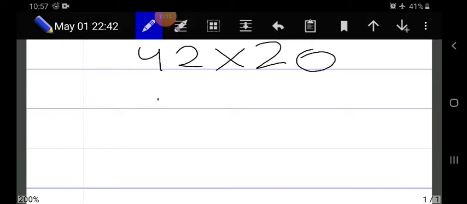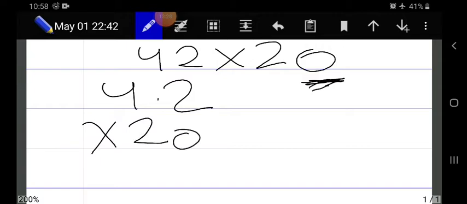As you can see there is a 0 here. We will mention that 0 in the multiplication, but we will not include it. Simply multiply 42 multiply 20.